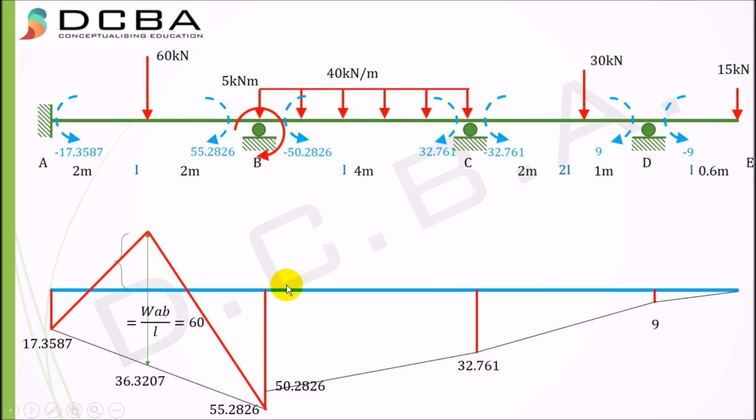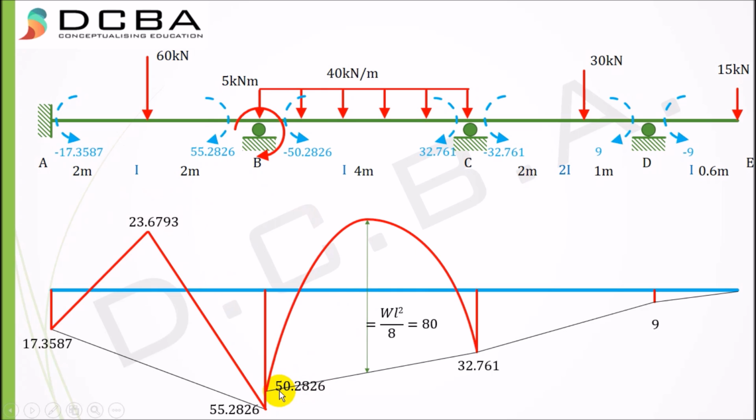As you can see, this is a trapezoid here, and we have to find this ordinate, which is 36.3207. You can find it by linear interpolation, and we have to subtract this value from the whole value. So 60 minus 36.3207 equal to 23.6793. That is my actual bending moment value here.